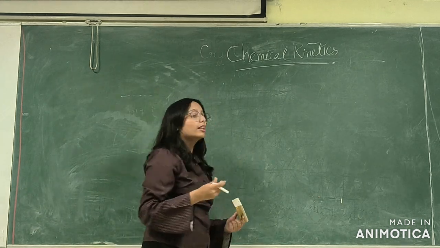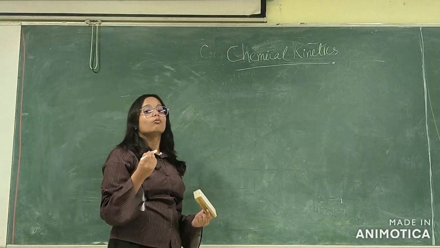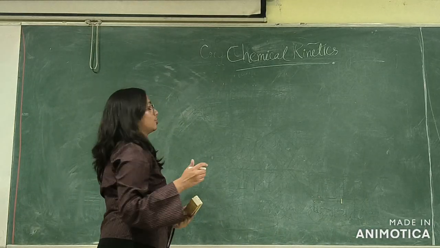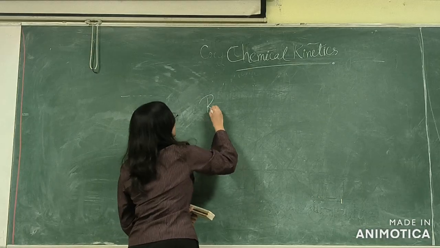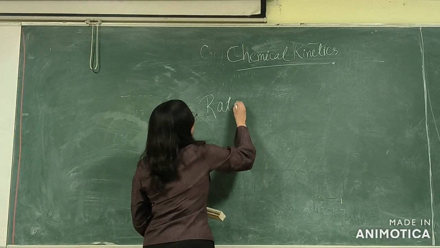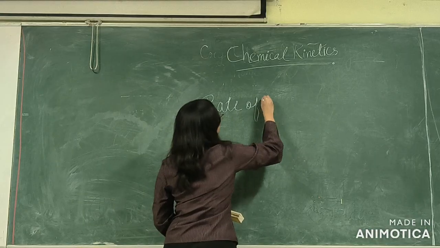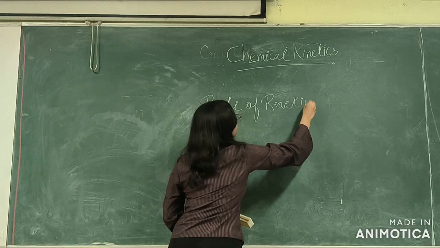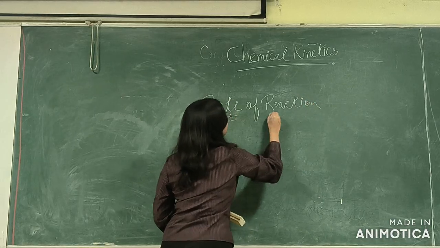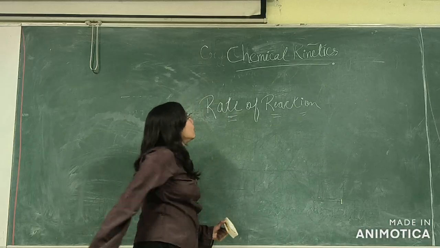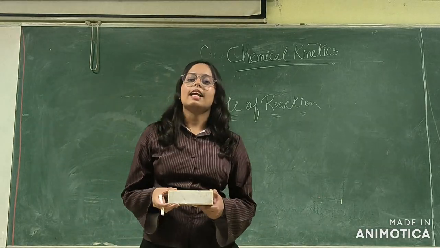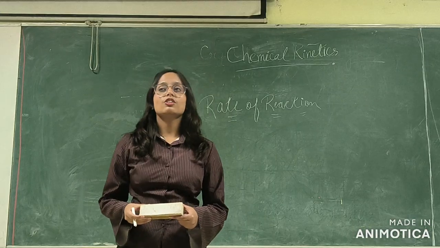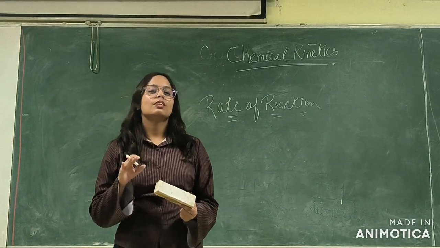Now, for calculating the time, we calculate the rate of the reaction. So let us see how it is represented. For simply understanding the rate of reaction, you can just compare it with the speed.